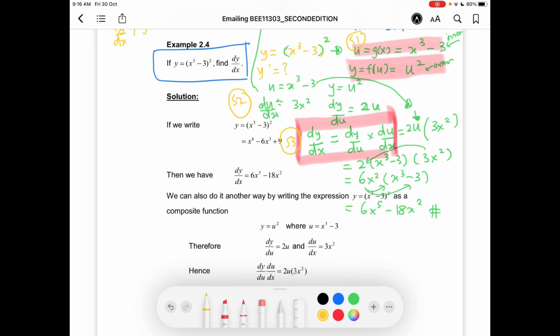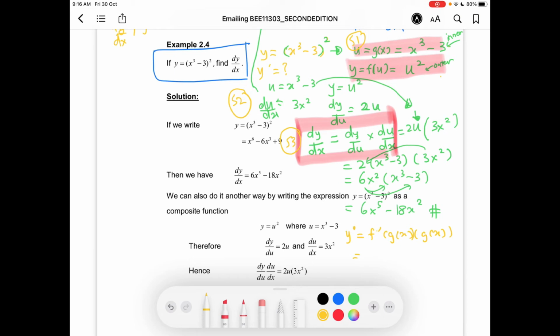Another way to answer this is by using the original formula, which is y prime equals f prime of g of x times g prime of x. So if you want to straight away apply the chain rule, once you already know which one is the inner and which one is the outer, you can straight away use this kind of solution.